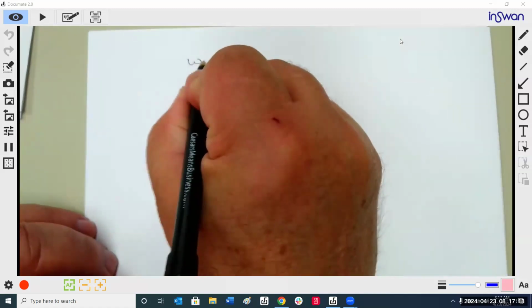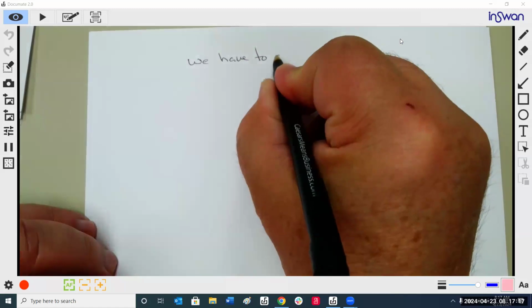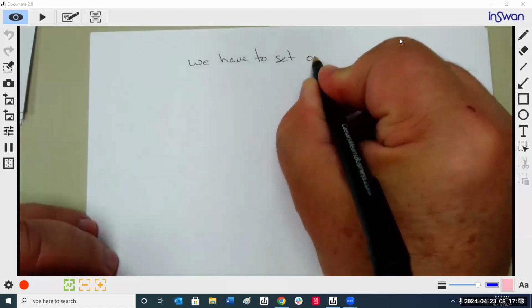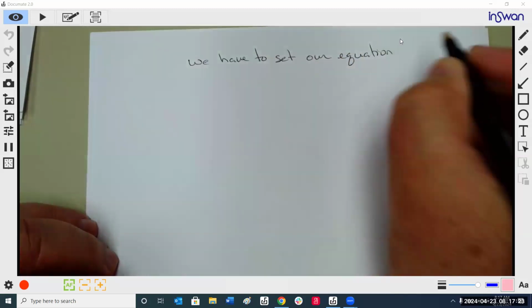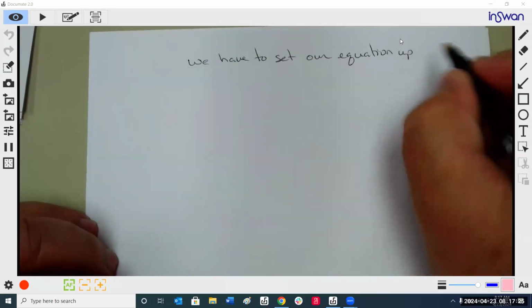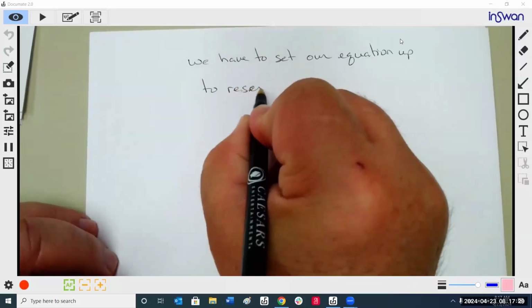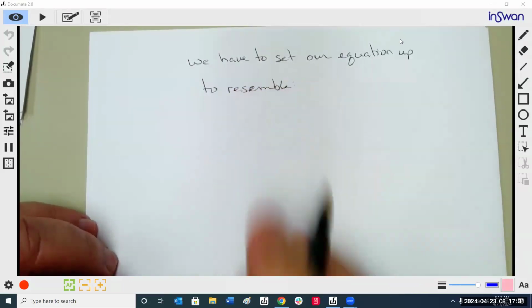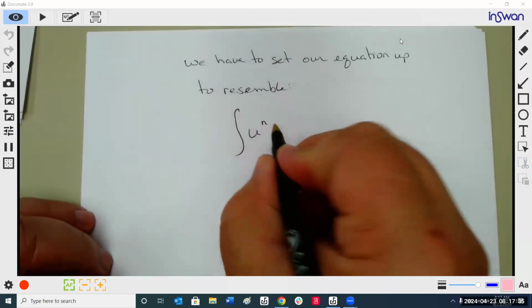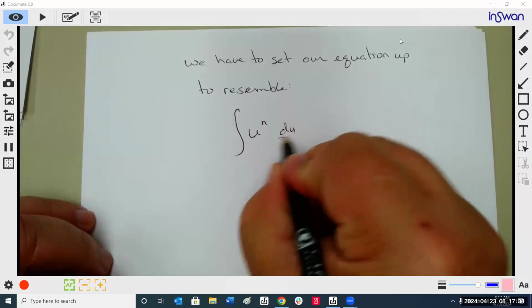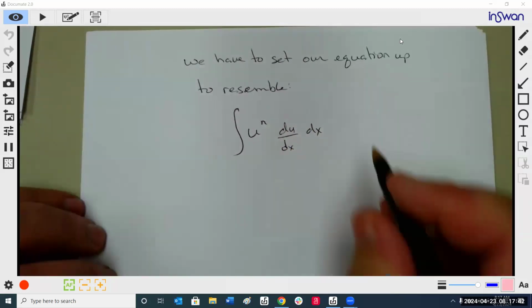We have to set it up to resemble this function, u to the power n du dx dx.